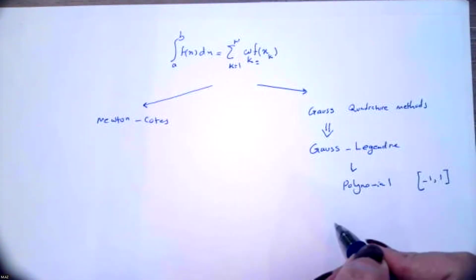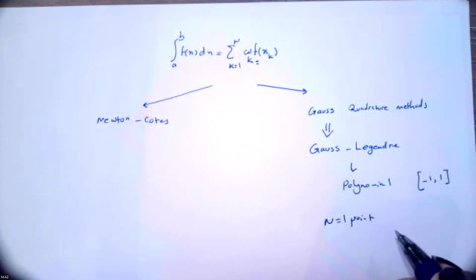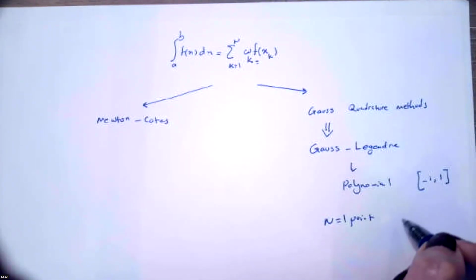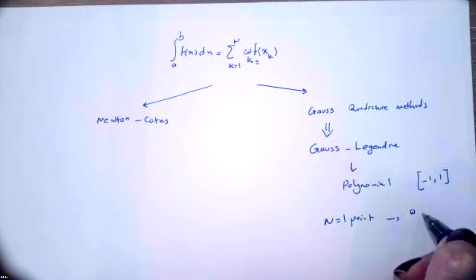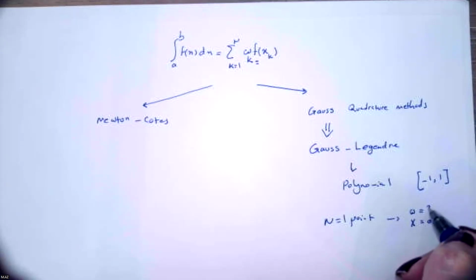For example, if we are using just one point of the Gauss-Legendre rules, we can find the exact value of the integral for polynomials of order 1 and below. And for 1 point, we evaluate f of x at point 0, and the weight associated with this quadrature point will be 2.